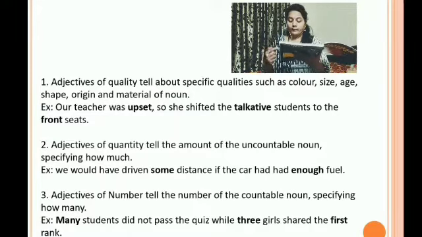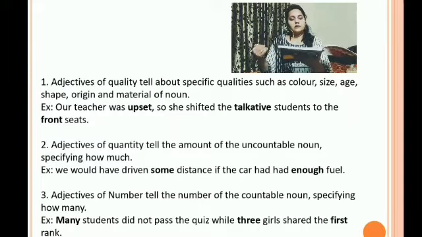Adjectives of number are again divided into 3: cardinal, ordinal, and fractional. Cardinal are 1, 2, 3, 4, simple numbers. Then we have ordinal like first, second, third, fourth, and then we have fractional, that is 1/4, 3/4, 2/4. All these are called fractional.